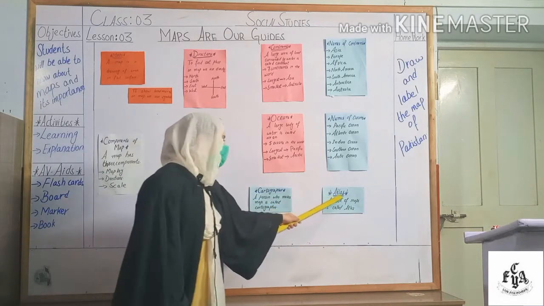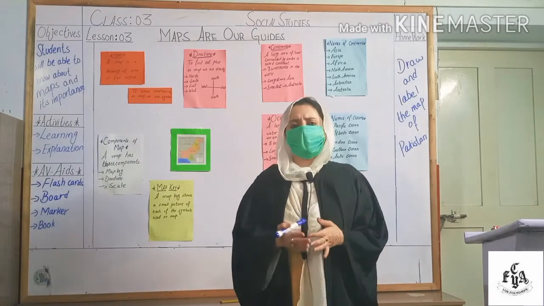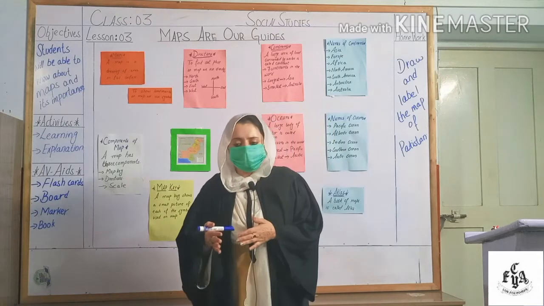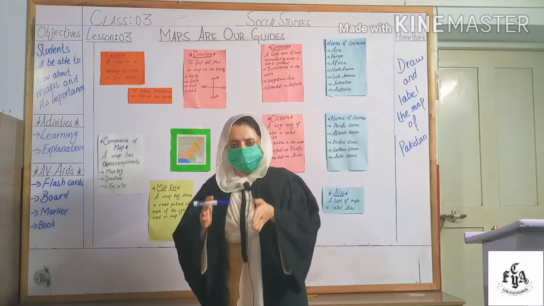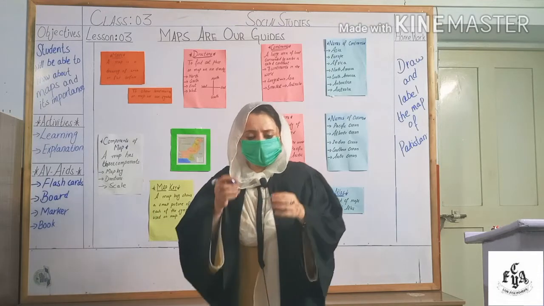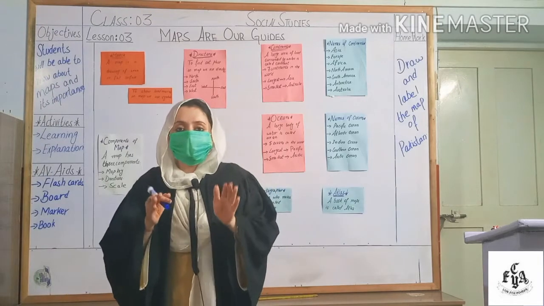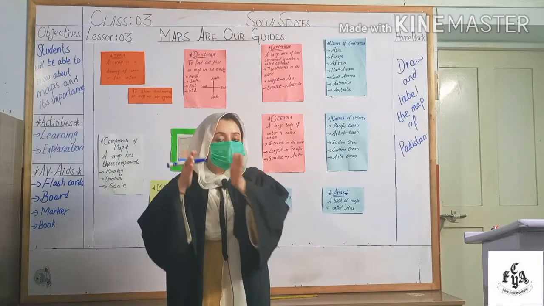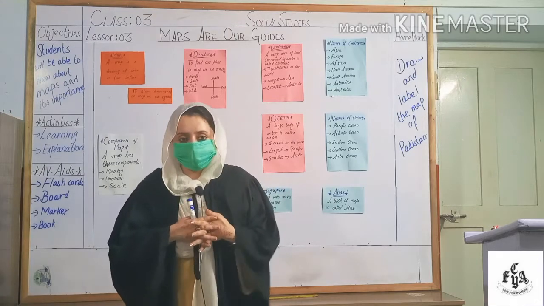It is called an atlas. As we know, on maps the schools and places are mentioned and drawn. The maps consist of cities, villages, towns, etc.